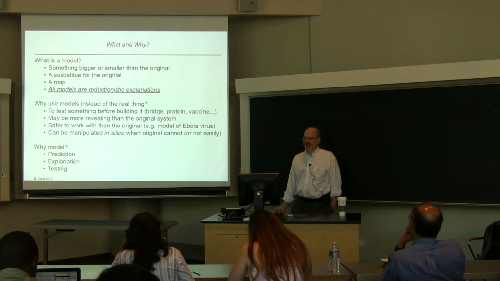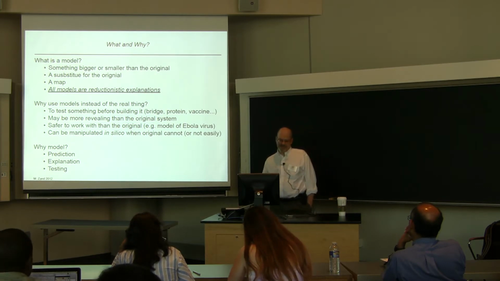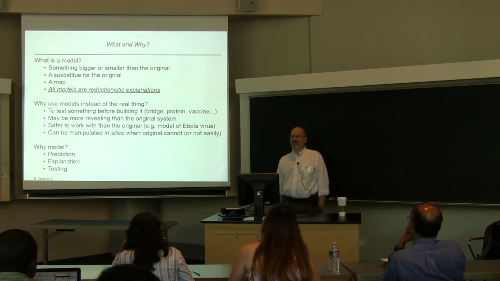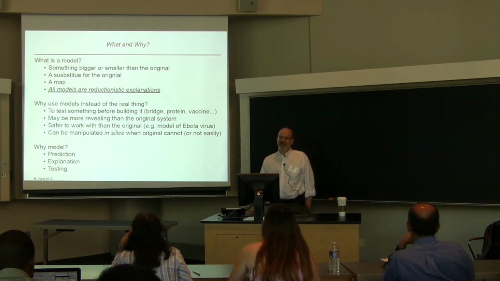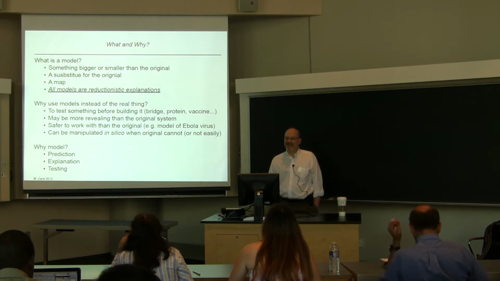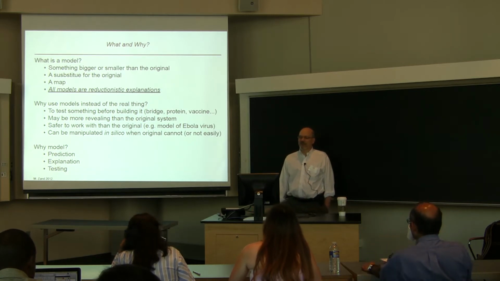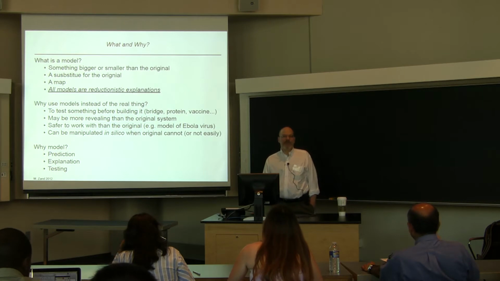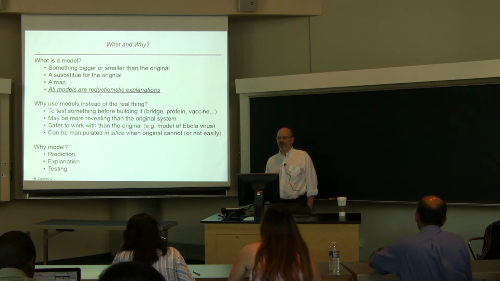So why use a model instead of the real thing? Well, first of all, to test something before building it: bridges, synthetic proteins, vaccinations, immune therapies. The models may be more revealing to us than the original system. In other words, we can play with them. And in many cases, they're safer to work with than the original.